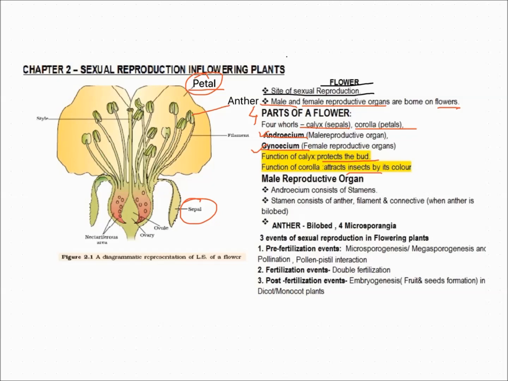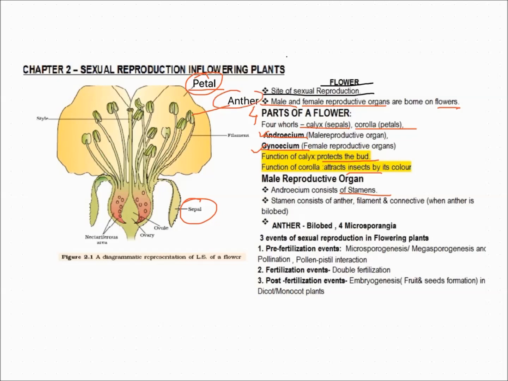Now let us go to the male reproductive organ, that is androecium. Androecium consists of stamens. Stamens consist of anther, filament and connective.